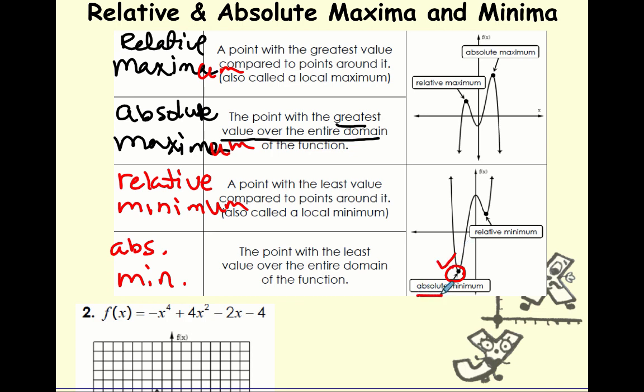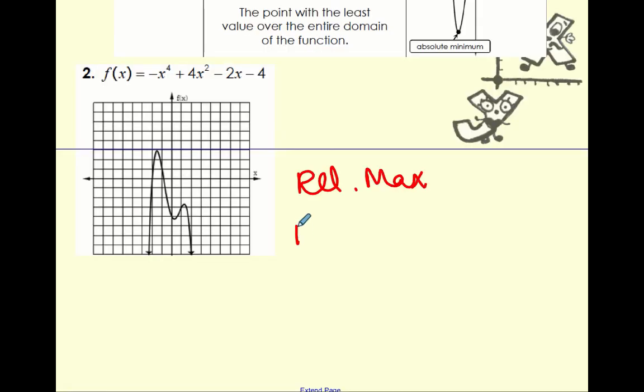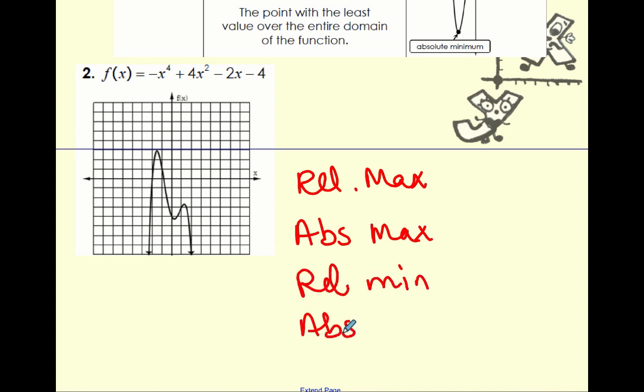So that's why it's an absolute. But this one is the lowest or least y value only in relationship to this area of the graph, which is why it's relative. So we're going to be looking for relative maxima and absolute maxima for this, and also relative mins, as well as absolute minimums.